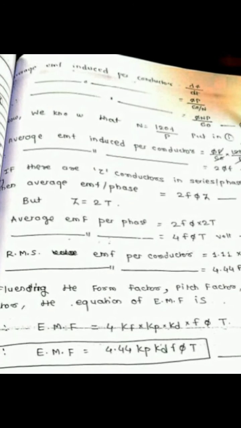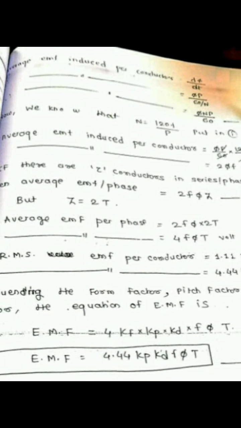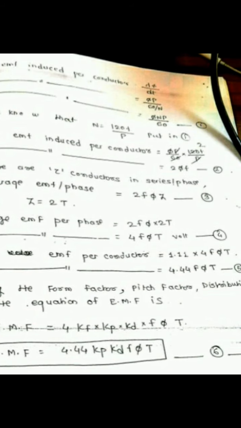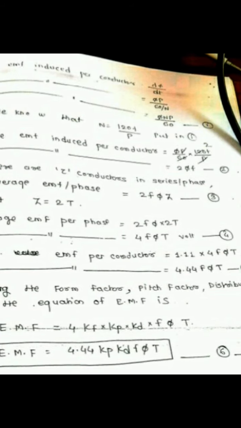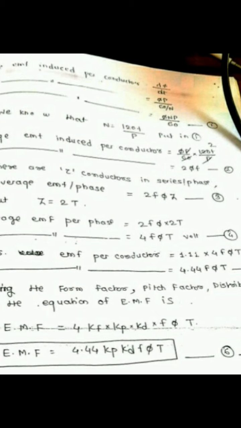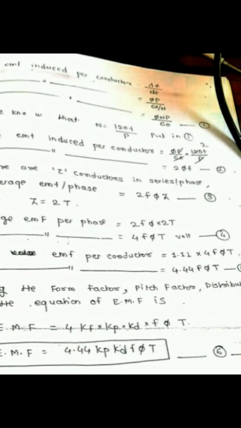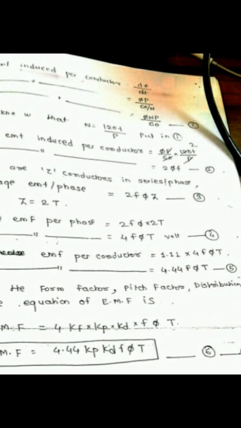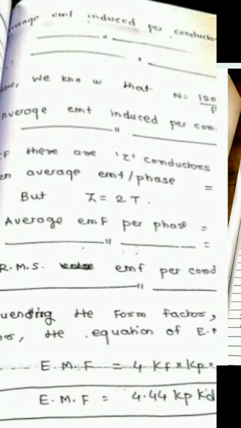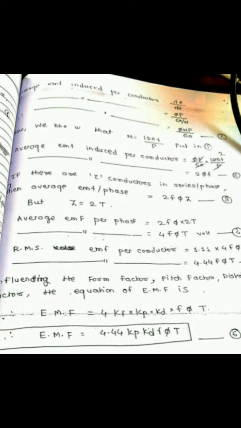And we know the fundamental formula, that is N is equal to 120f upon p. Substituting this formula, equation number 1, we will get the average EMF induced per conductor. In that equation we are only substituting the value of N. So while substituting, we get Φp divided by 60 into 120f upon p.